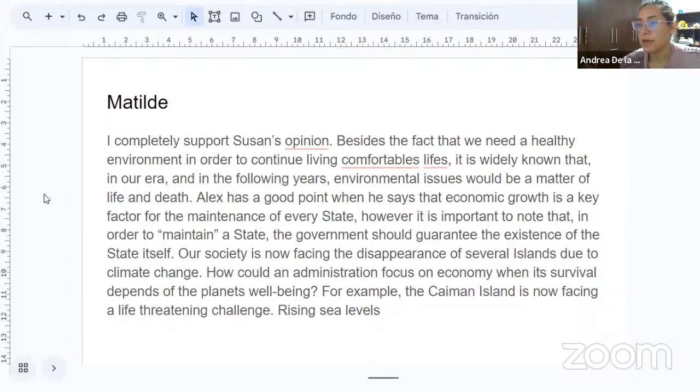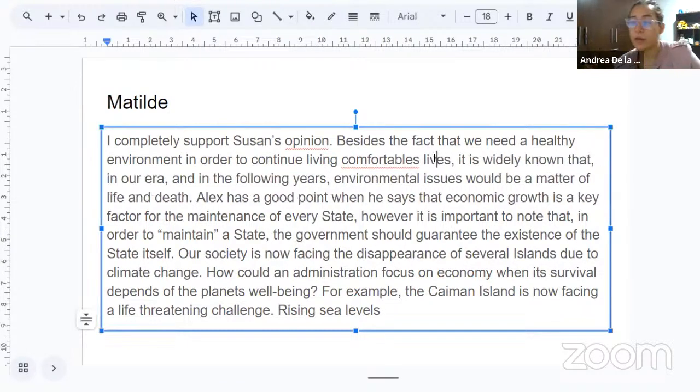So besides the fact that we need a healthy environment in order to continue living comfortable lives, careful with the grammar part. Remember, when we talk about the noun life in plural, lives, it goes with a V, right? So living comfortable lives, comma, perfect. It is widely known that in our era and in the following years, environmental issues will be a matter of life and death.